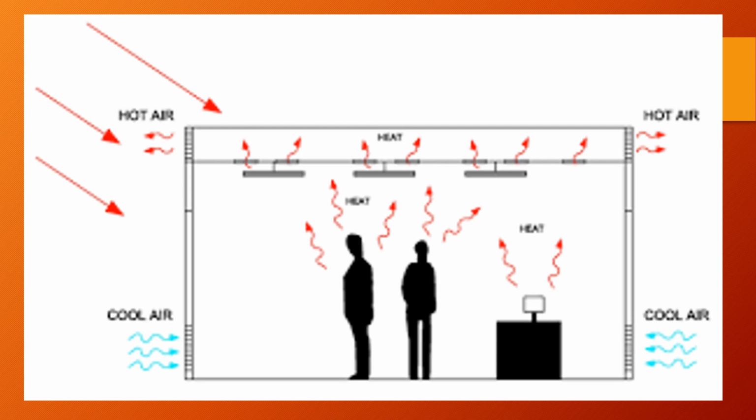Electronic gadgets give out heat. Human beings give out heat. Hot air expands and moves out, whereas cool air is heavier and settles down, and this is how air functions. That is the movement of hot air and cold air.